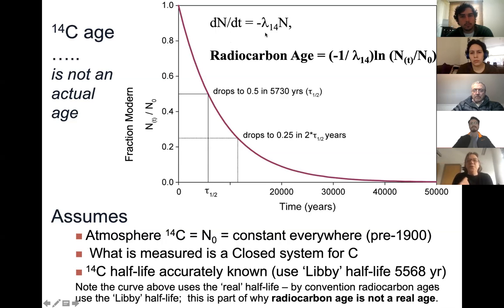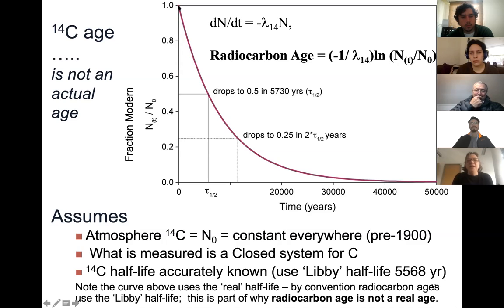And if you do all the math, you can convince yourself that the radiocarbon age is related to this loss rate, the radioactive decay constant, and the natural log of the number of atoms that you have at any given time divided by the atoms that you had at the beginning.